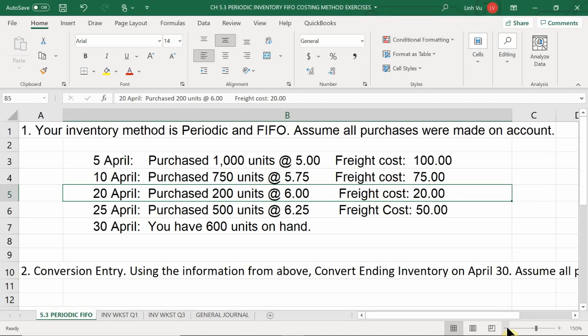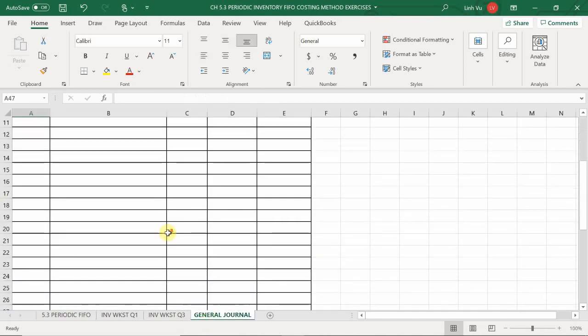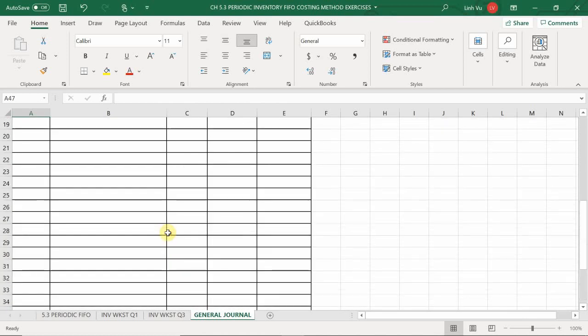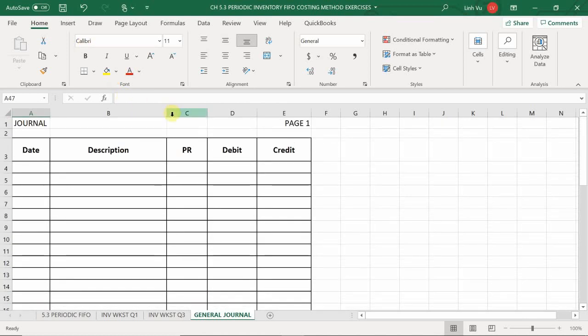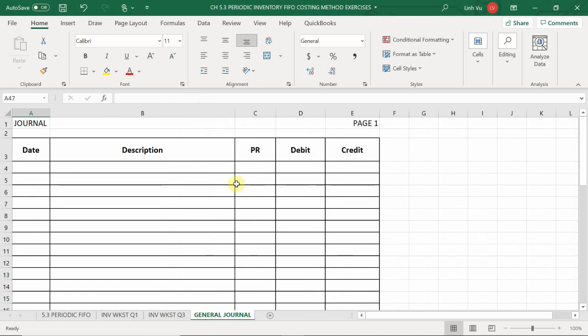So in this case, number 1 is your inventory method is periodic and it's FIFO. Assume that all purchases were made on account. So what we're going to do here is, since we practiced it on Monday, I want us to practice journalizing our purchases as we go and also practice our conversion entries, okay?